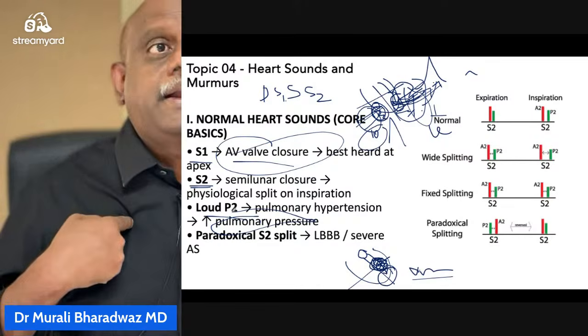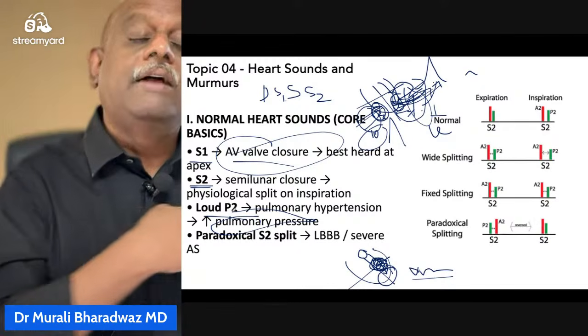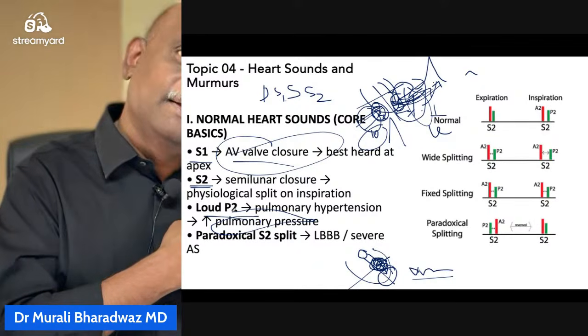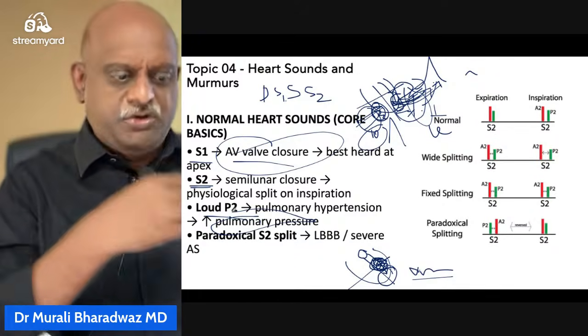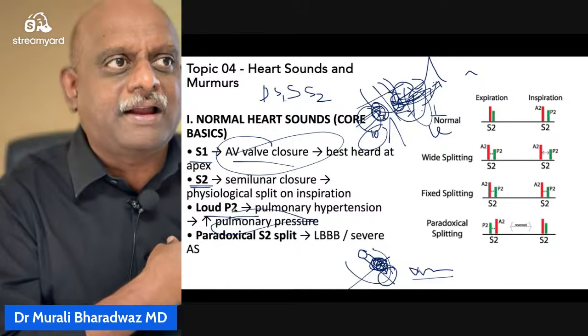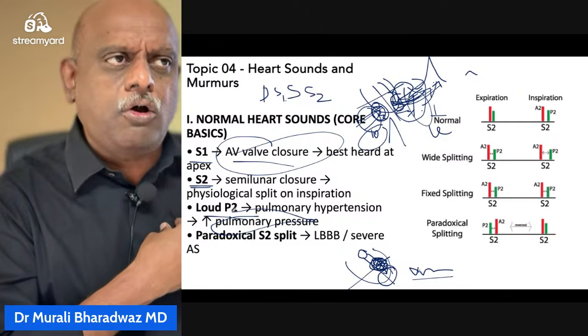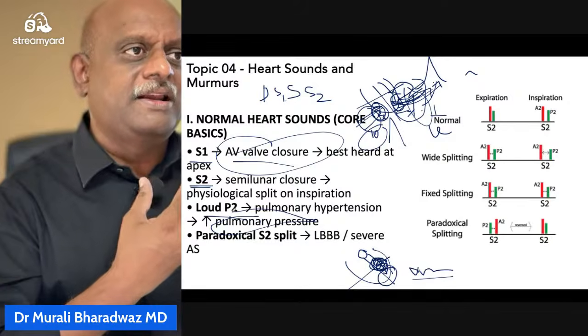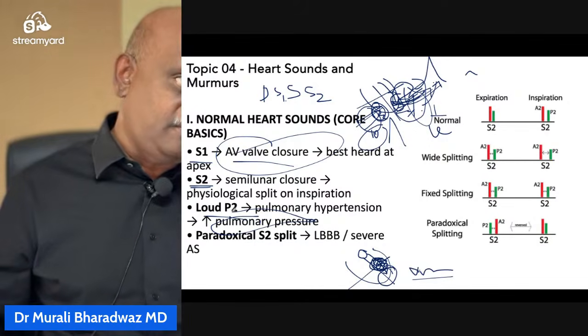So the right second intercostal space is the aortic valve, the left second intercostal space is the pulmonic valve. So if there is pulmonary hypertension, you put the stethoscope on that person in the second left intercostal space. Thop, thop, thop, like a cannon, you can hear the loud P2. That is what you need to remember.